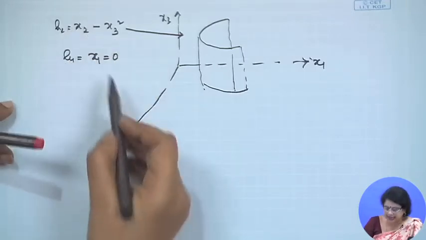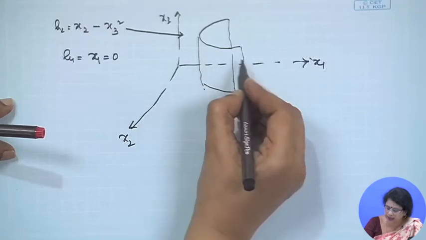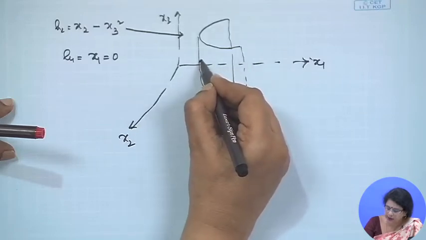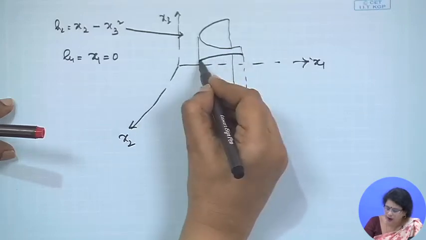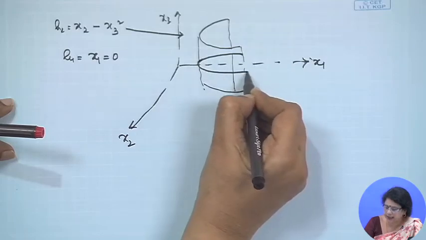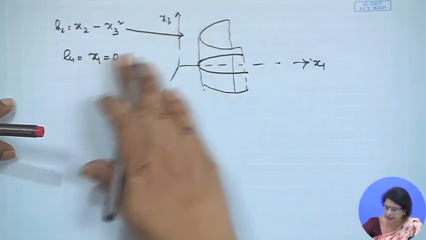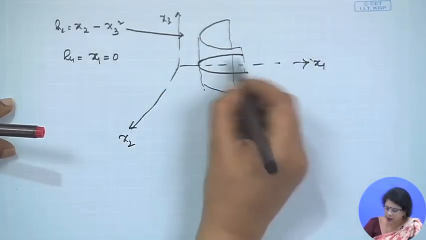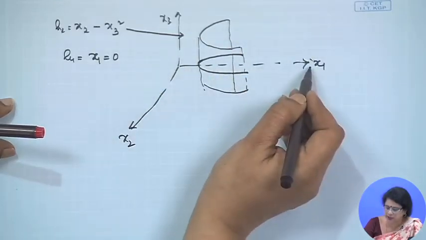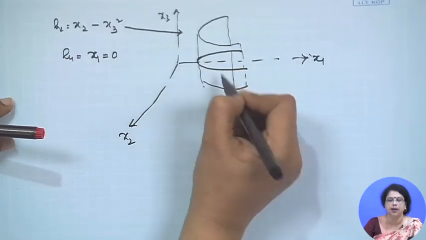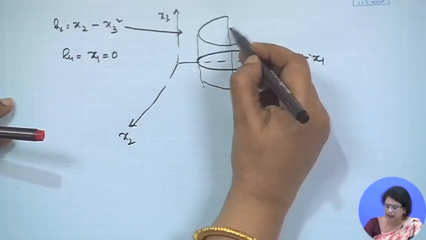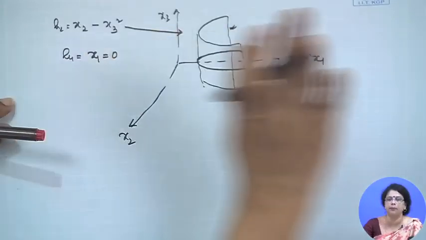If we take h1(x) equal to 0, what exactly do you get? You get only this one, nothing else. x1 equal to 0 is a plane, and the cross section of the plane with the surface will be only one dimension.